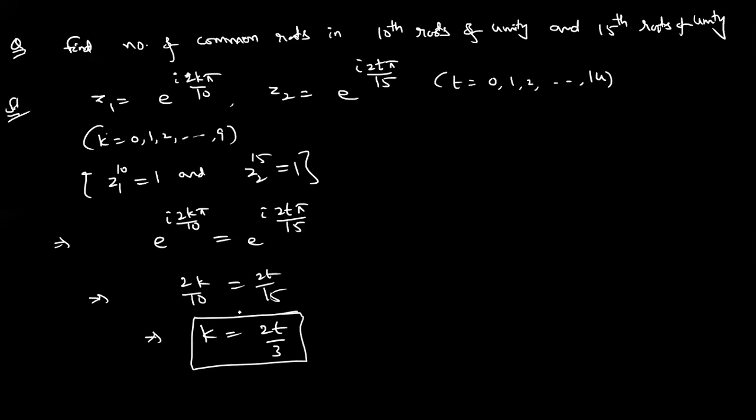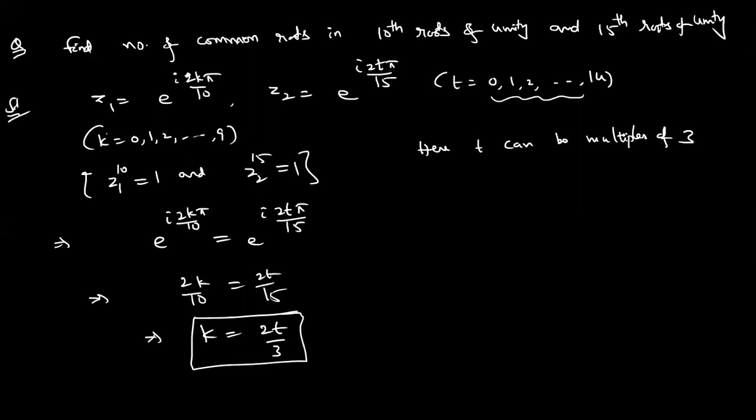Till now, any doubt is there, asking? Dear students, k can be what? Integer. k can be 0, 1, 2, 3, and so on up to 9. What about t? 0 to 14. So here, how is the t? Multiples of 3 only.